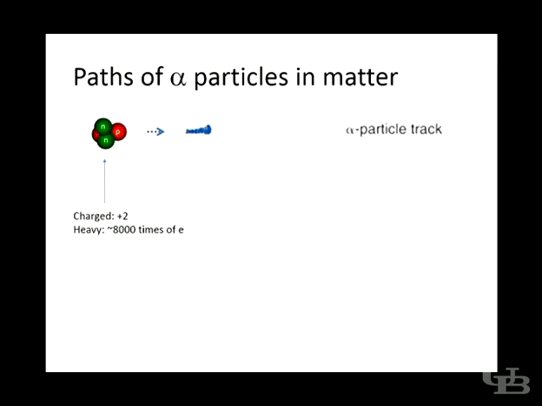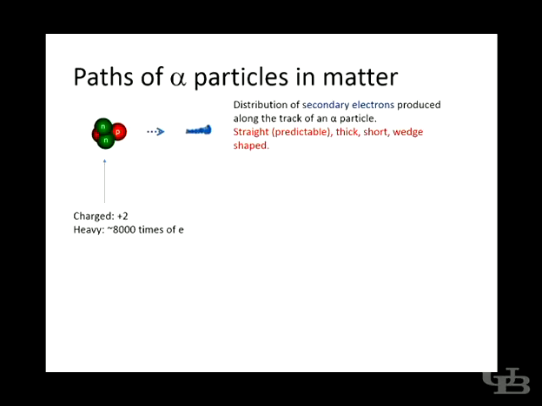Here is a diagram showing the secondary electrons. Secondary electrons are electrons ejected, produced from the interaction. So you see a straight blob of these secondary electrons.